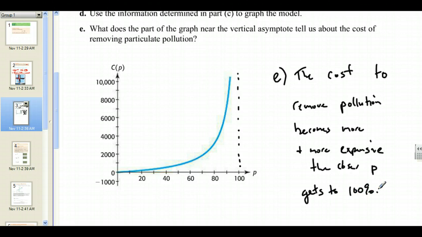Okay, if we've already removed 95% of it, the cost to remove any more starts to become astronomical.